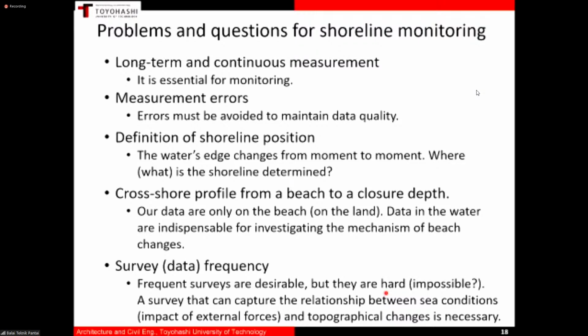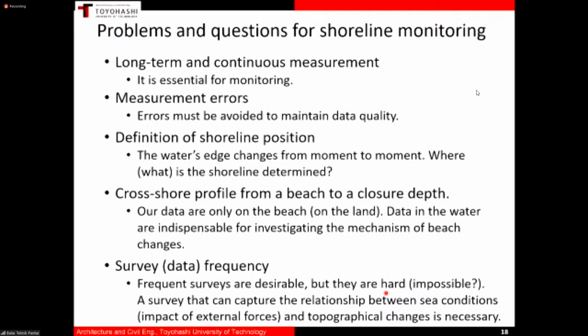So what is the shoreline? There are many papers about shoreline change, but the definition is different in each paper. So in your survey, how would you define the shoreline position? The cross-shore profile from the beach to the closure depth is important.